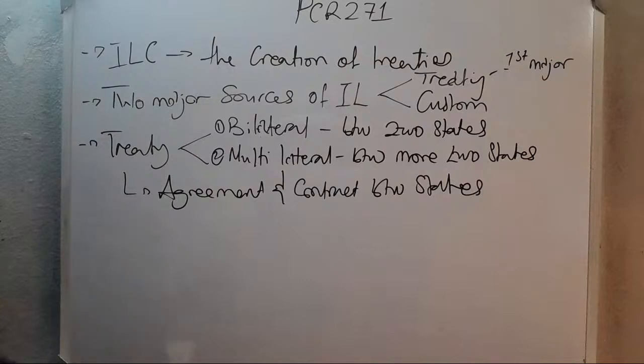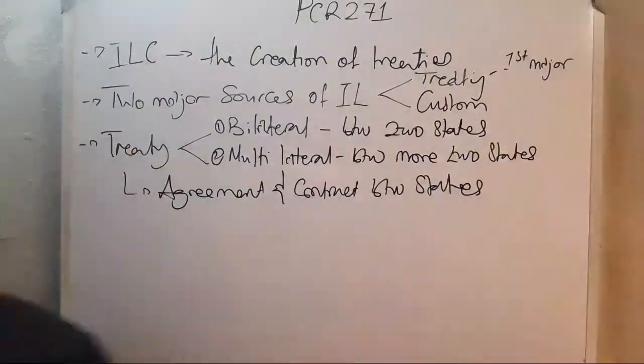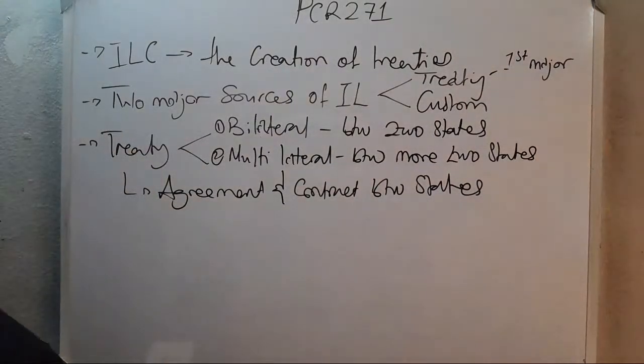Now let's continue. We have customary international law. We said something about custom and treaty. It is not easy to understand the concept of international customary law, but according to Article 38, two elements are said to be required. The first is the custom itself, but only custom which evidences a general practice accepted as law.